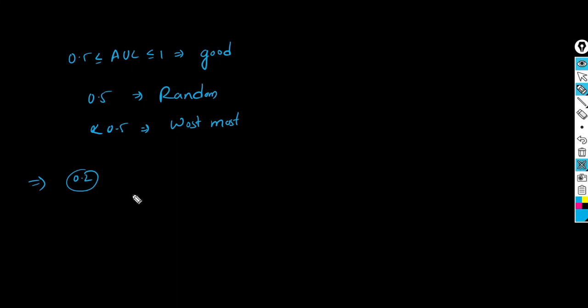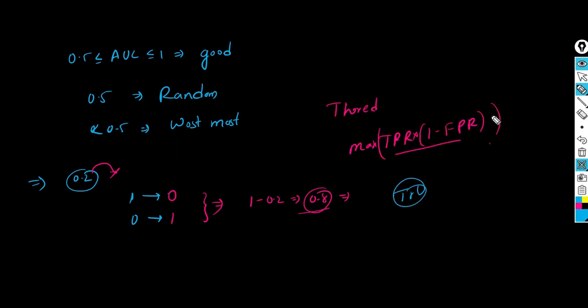Suppose from the model we get 1, we convert it to 0, and similarly, if we get 0, we convert it to 1. By converting this, the AUC score changes to 0.8, like 1 minus 0.2 is 0.8. 0.8 is a very good AUC score.